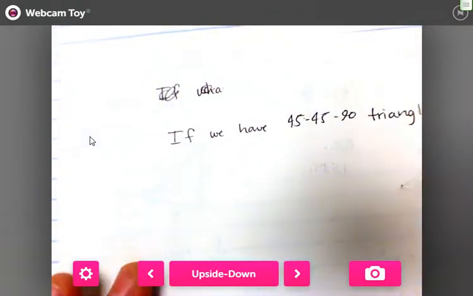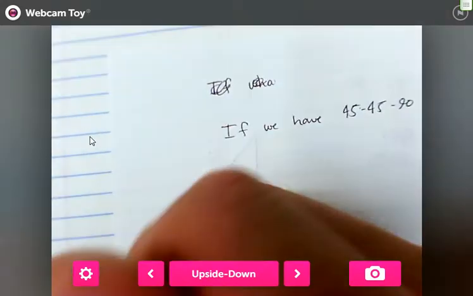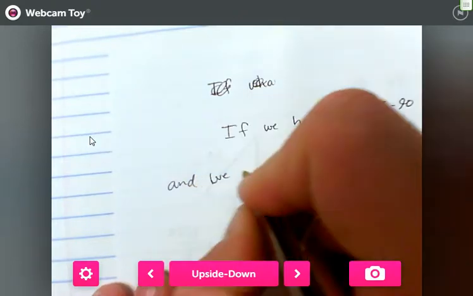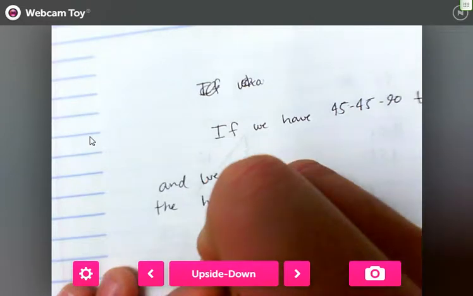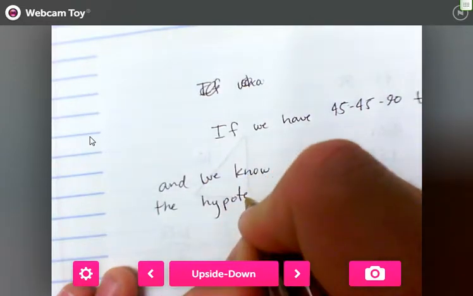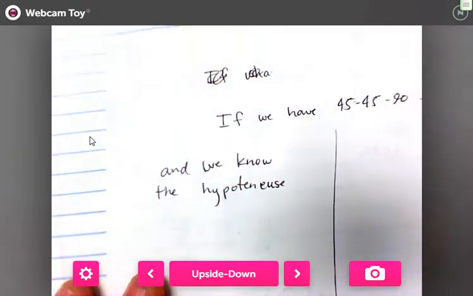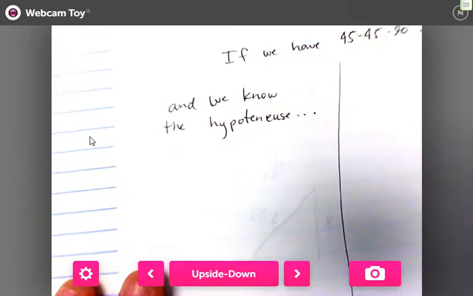If we have a 45, 45, 90 triangle, and we know the hypotenuse, which is the long side, what do we do to find the leg?